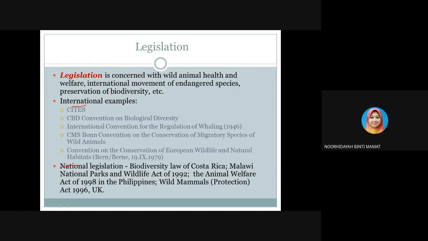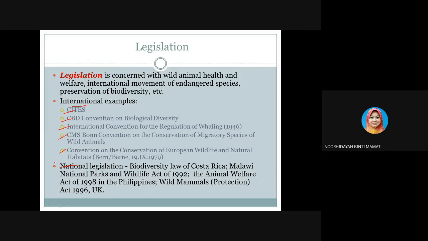For example, among the international bodies, we have CITES, the CBD Convention on Biological Diversity, the International Convention for the Regulation of Whaling, the CMS, and the Convention on the Conservation of European Wildlife and Natural Habitats.